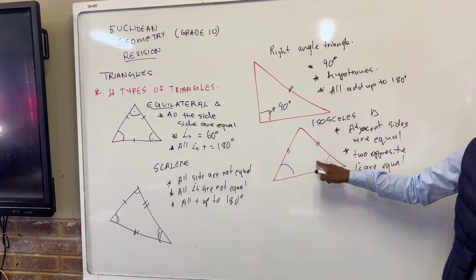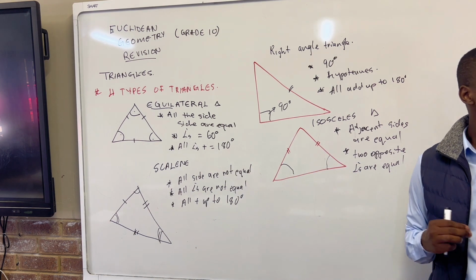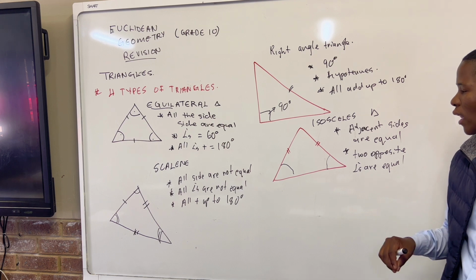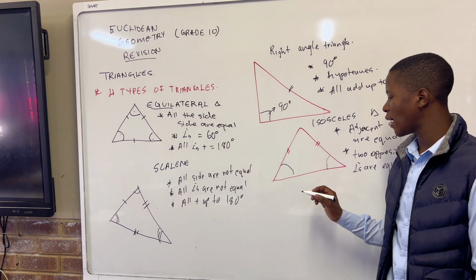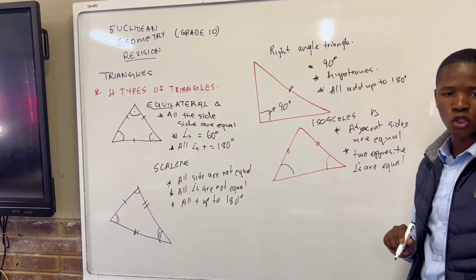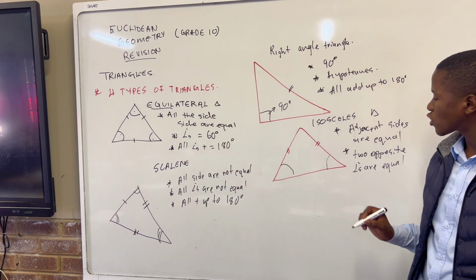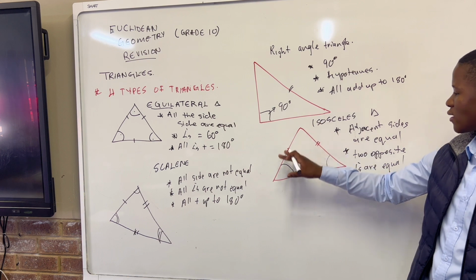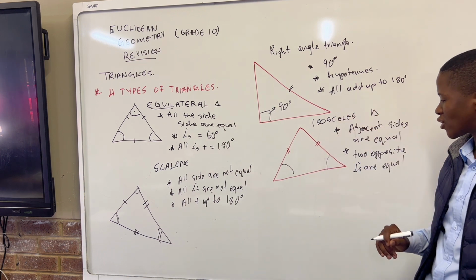Your two opposite angles, this angle and this particular angle, are going to be equal. Which means, let's say this is 45 degrees, similarly this is also going to be 45 degrees. So these are some of the characteristics that are associated with your isosceles triangle.